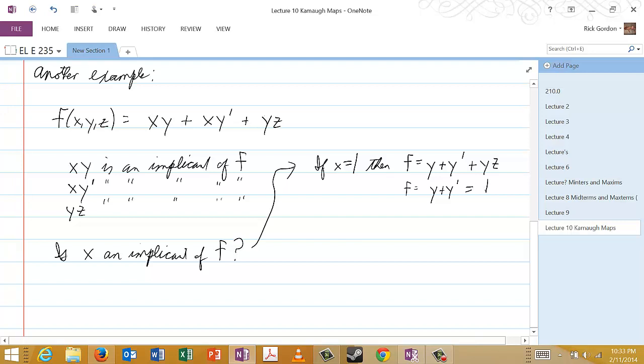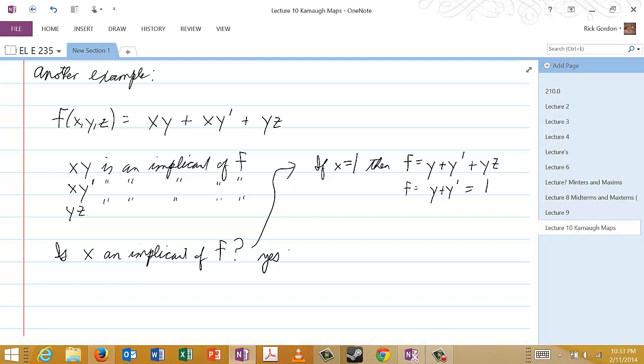And therefore, the proposition here that x is equal to 1 did indeed lead to the conclusion that f was equal to 1. So in this case, x is an implicant of f. In fact, x is said to be a prime implicant of f.